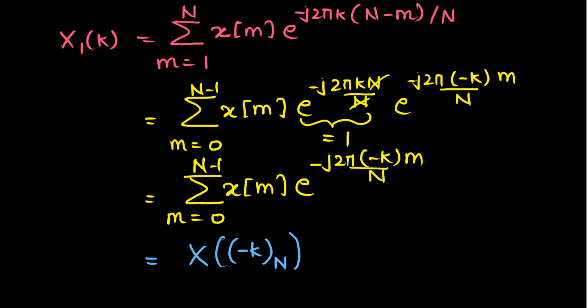So this x1 of k can be written as X of minus k modulo N, or it can be also written as X of N minus k.